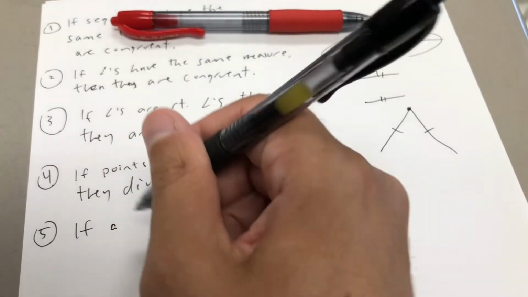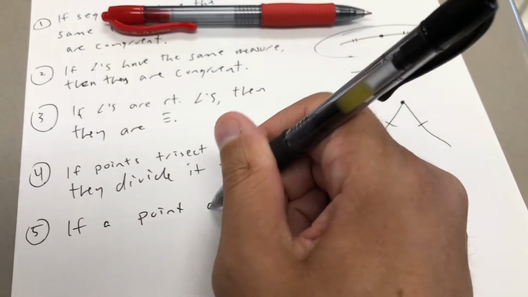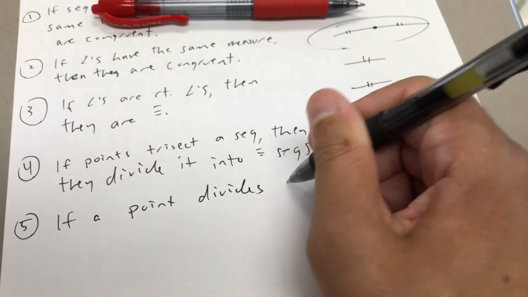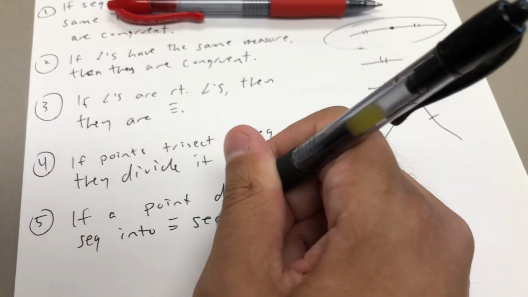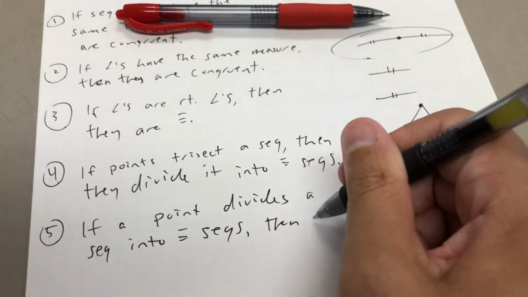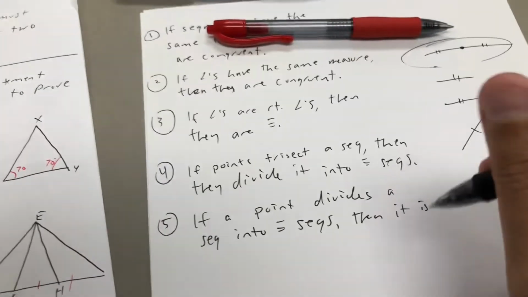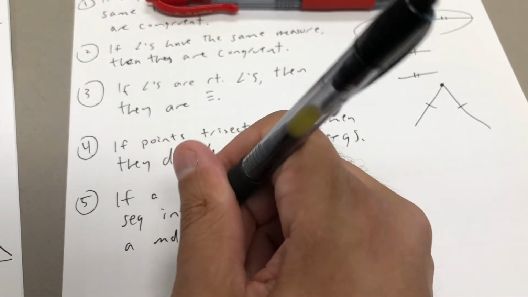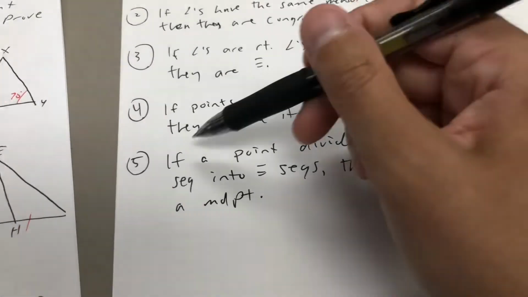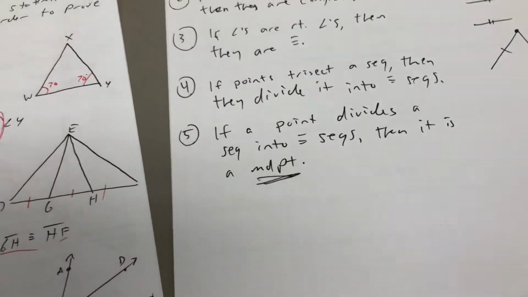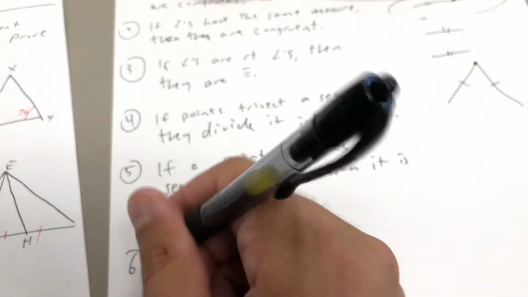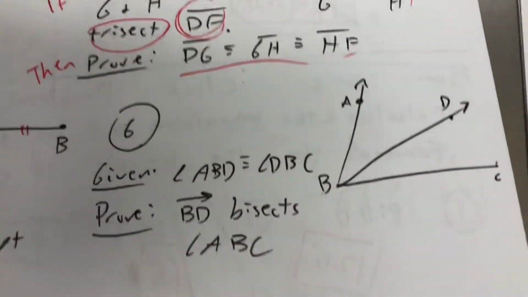So if a point divides a segment into congruent segments, then it is a midpoint. Something like that, okay? Our if part matches the given, our then part matches the vocab in that proof statement or conclusion.